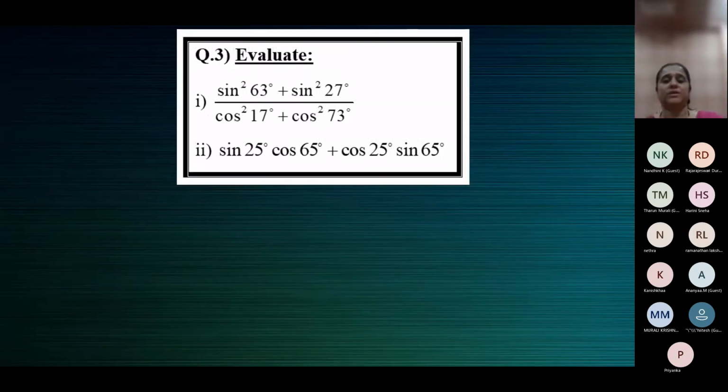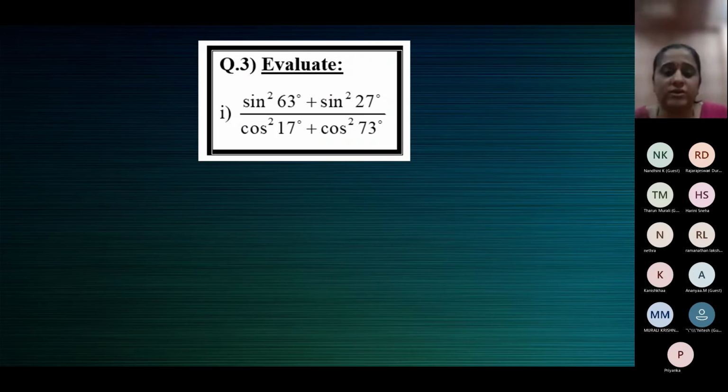Let me see who can give me this answer. Please work subdivision 1. They're not standard angles, so you cannot pull the values from the table. You have to use the concept of complementary ratios.